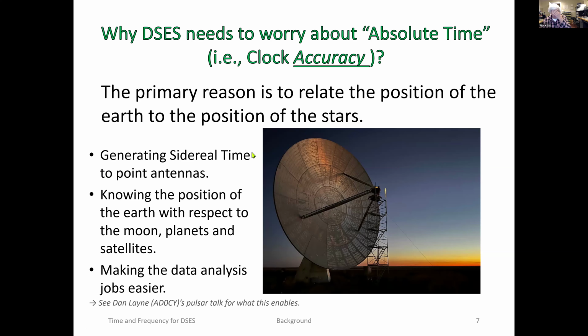The new time and frequency system generates that kind of time as well as standard mountain time. And if we know what time it is, then we know the position of the Earth with respect to the elements out in the sky. And that makes data analysis a lot easier also.